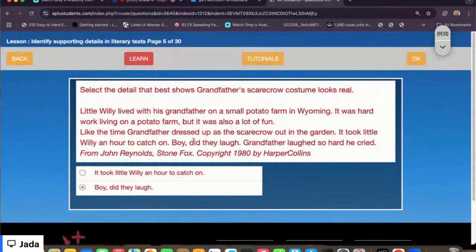Like the time grandfather dressed up as the scarecrow out in the garden, it took little Willie an hour to catch on. Boy, did they laugh. Grandfather laughed so hard he cried. So, select the detail that best shows grandfather's scarecrow costume looks real. What do you think?